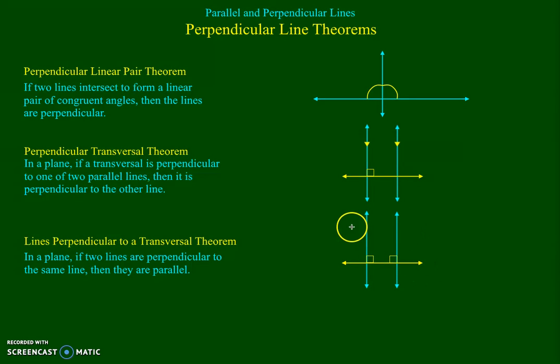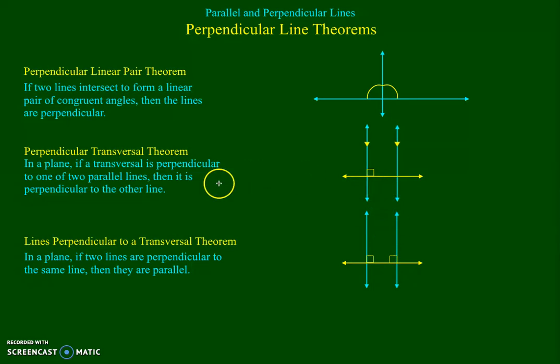That means these two lines must be parallel. These two theorems are very closely related, and they're very often confused with each other. The important distinction is that in one, two lines are given as parallel, and in the other, two lines are given as perpendicular. So that's the difference between the two.